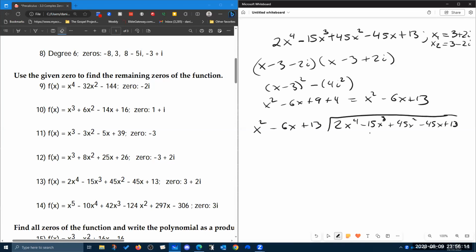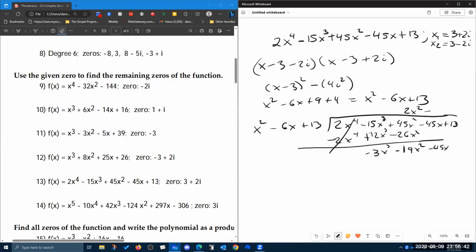It's going to be a 2x squared. 2x to the fourth minus 12x to the third, 26x squared. Change my signs and add. A -3x to the third, a -19x squared, and bring down that -45x.